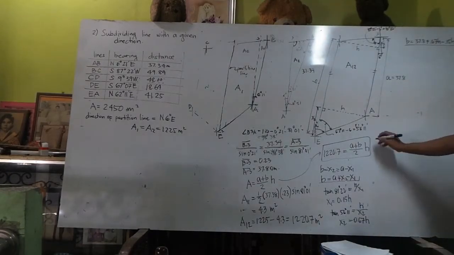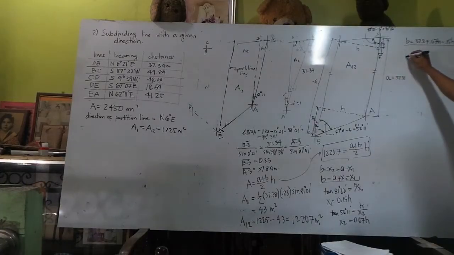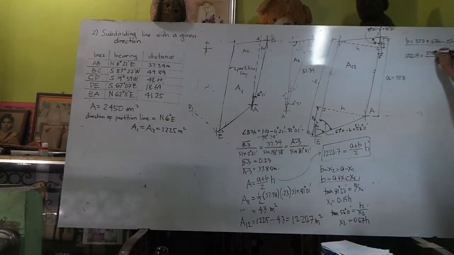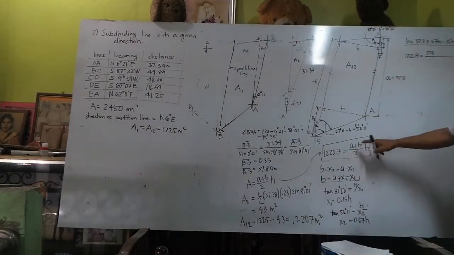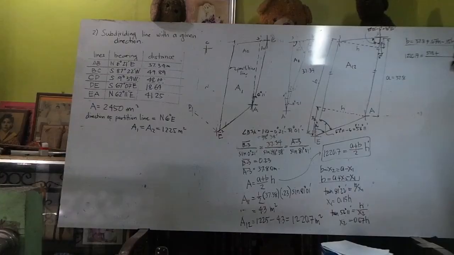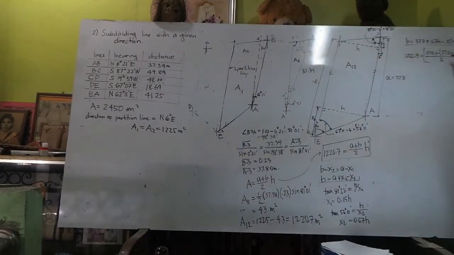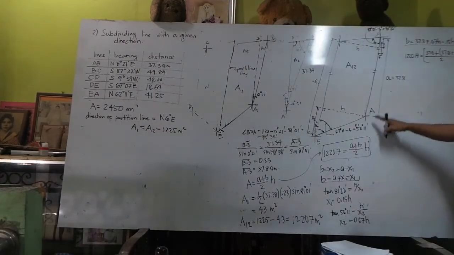Going back to this one, you will have 1220.7 is equal to A, which is 37.8, plus B, which is 37.8 plus 0.67h minus 0.15h, then divided by 2, times h.